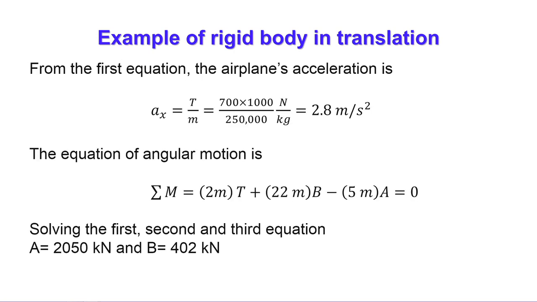Now, the equation of angular motion, again as it is a translatory motion, sigma M equals 0. In this case, by solving these equations we can find out the supports at A equals 2050 kilonewton and B equals 402 kilonewton.